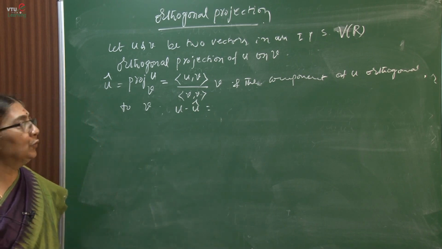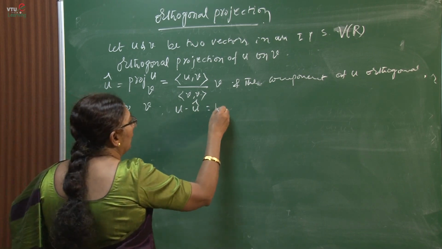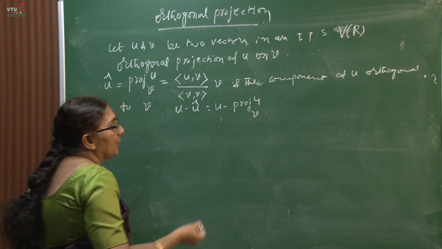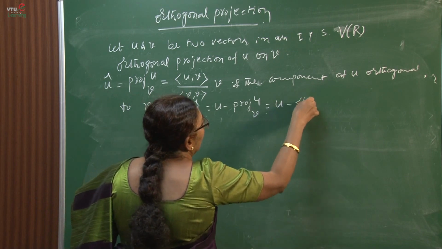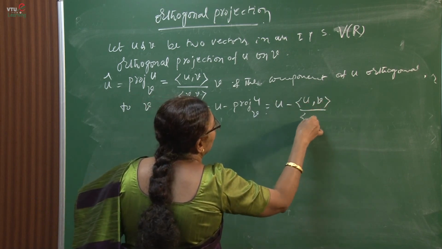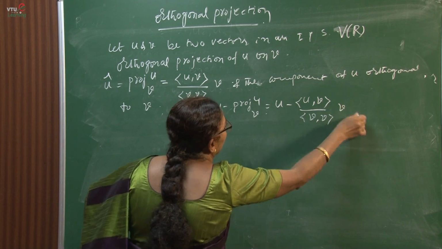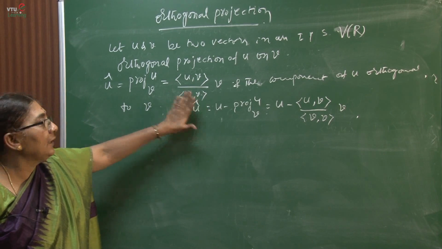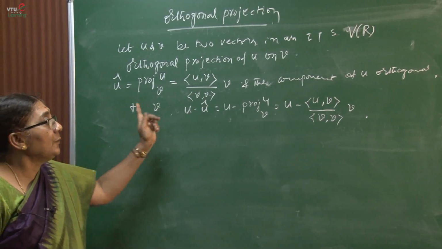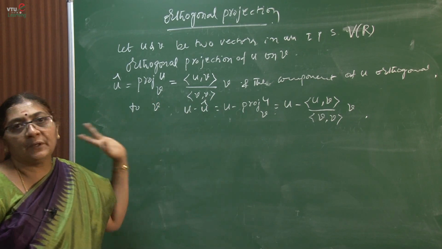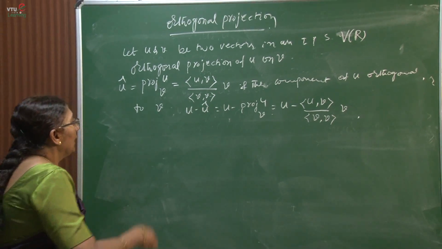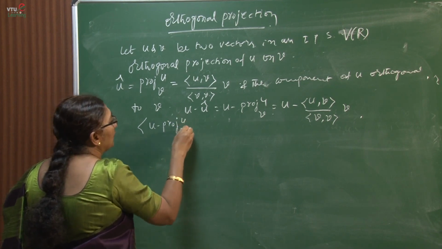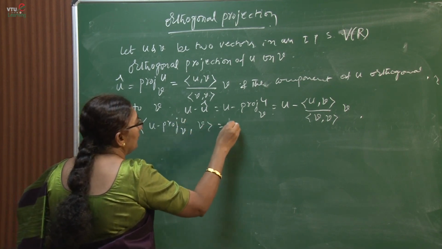What's the formula? u minus u cap, or u minus proj of u with respect to v, meaning u minus inner product of u comma v divided by inner product of v comma v, into v. This is the component to find. This component is orthogonal to v, meaning the inner product of this component with v must be equal to 0, that is, inner product of u minus proj of u with respect to v comma v must be equal to 0.